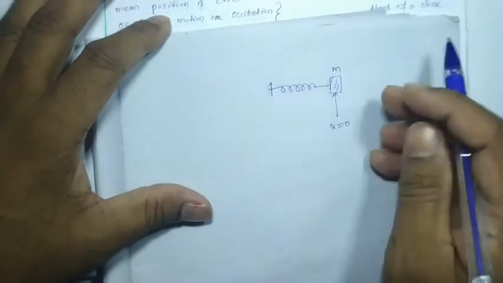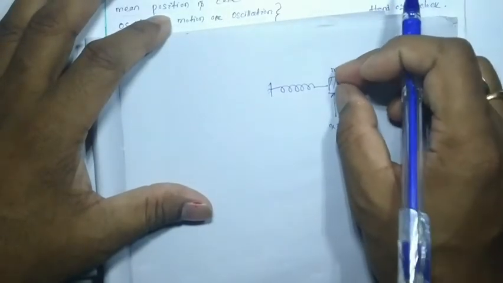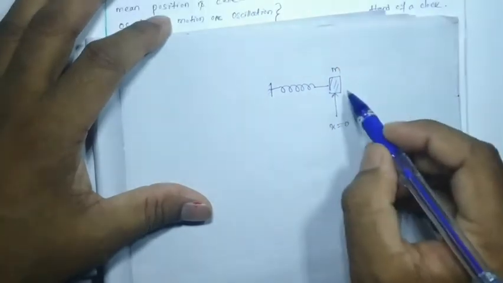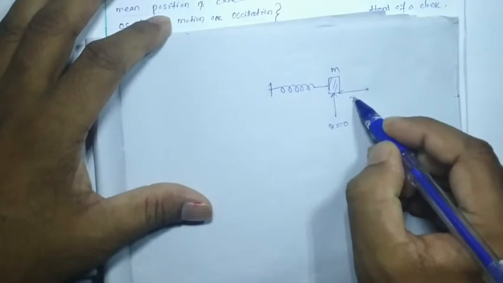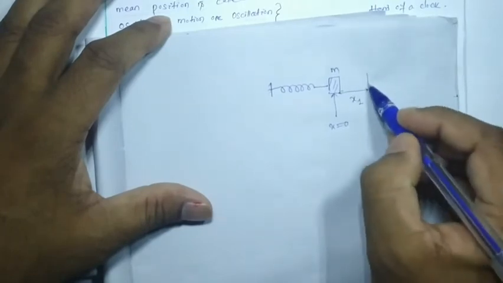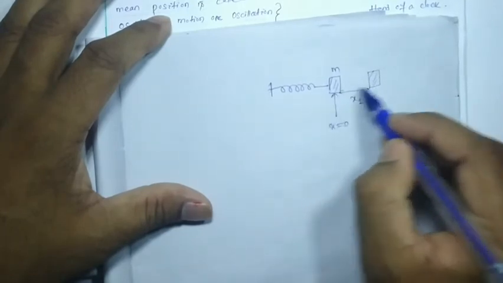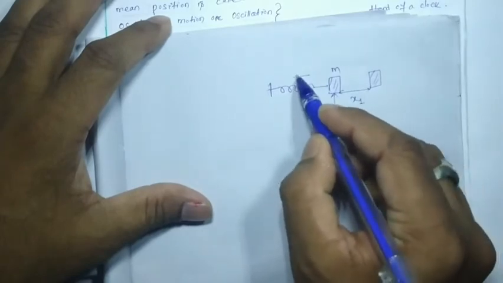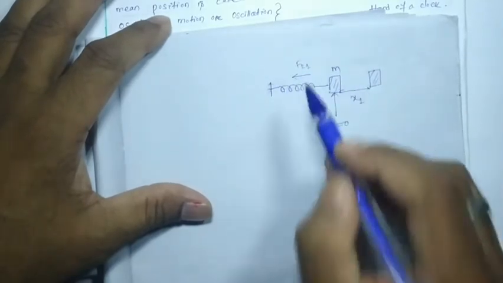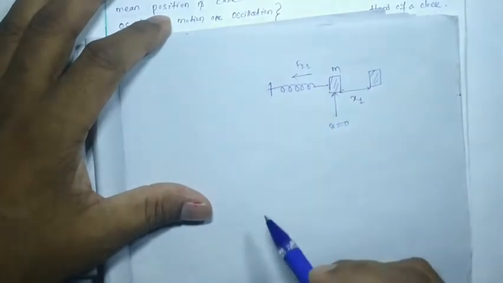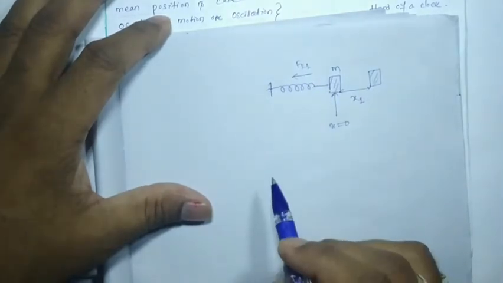That means, suppose we drag this object from here, the mean position, to this side up to some distance, say x1, and the restoring force Fr1 is induced in this spring opposite to the displacement.